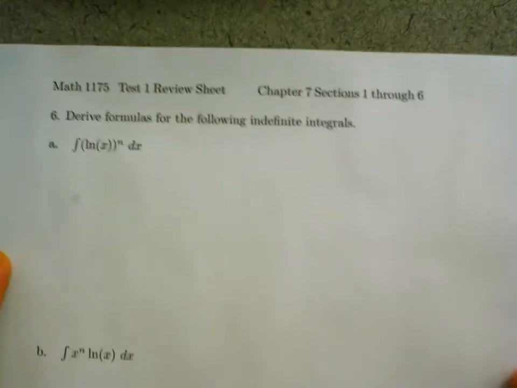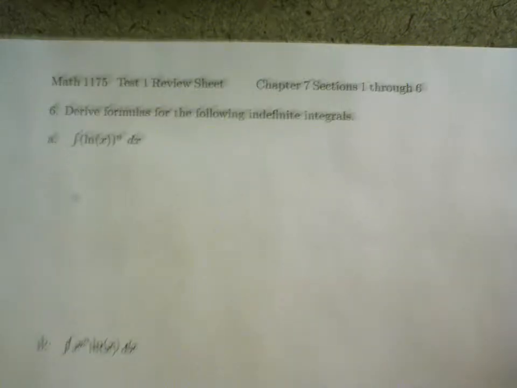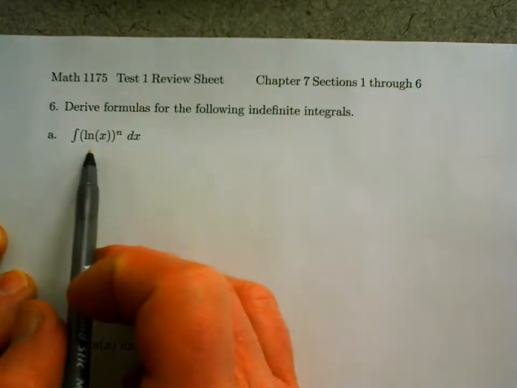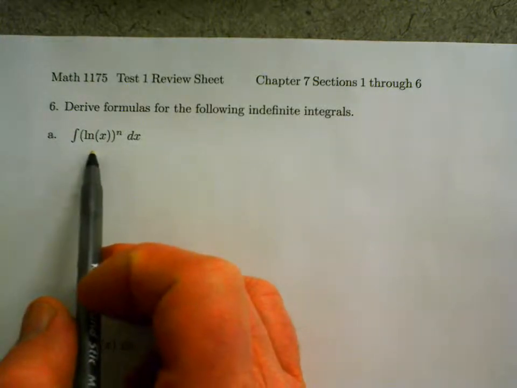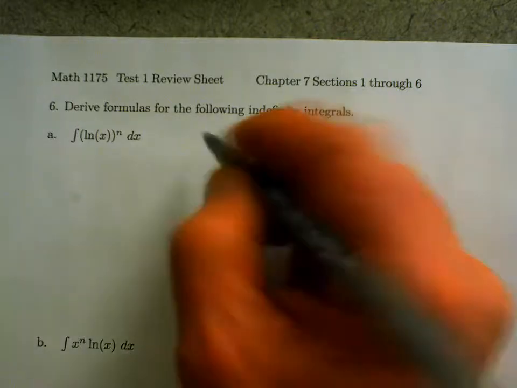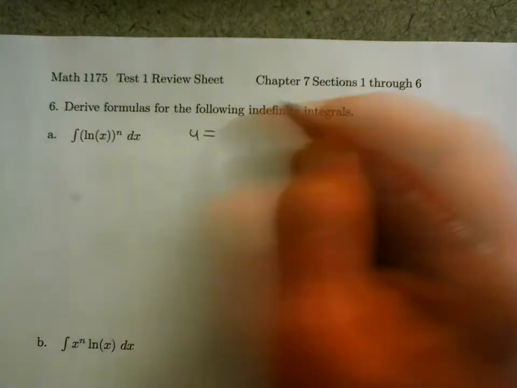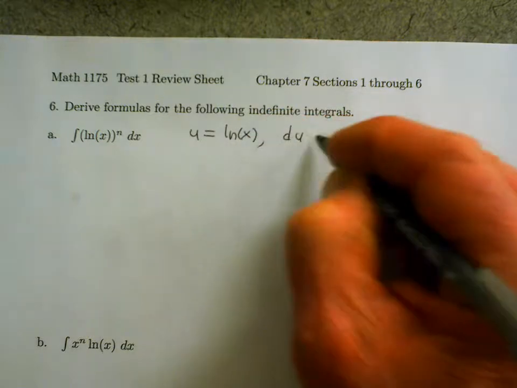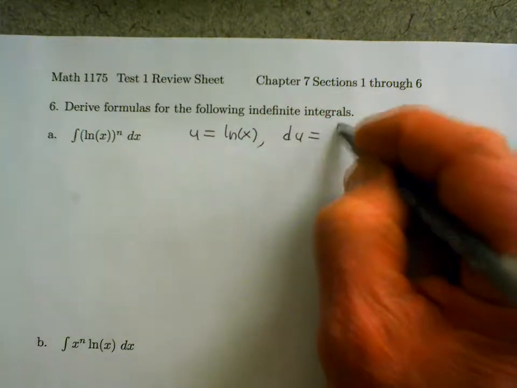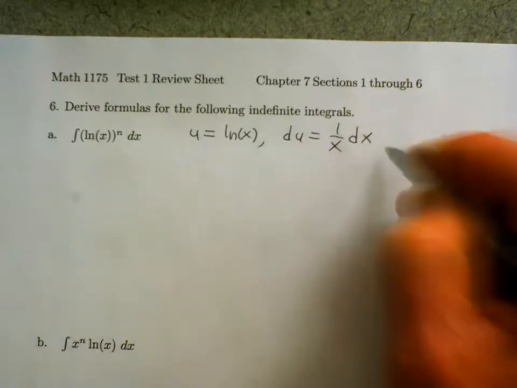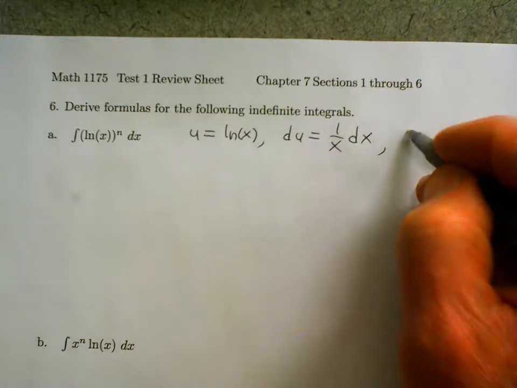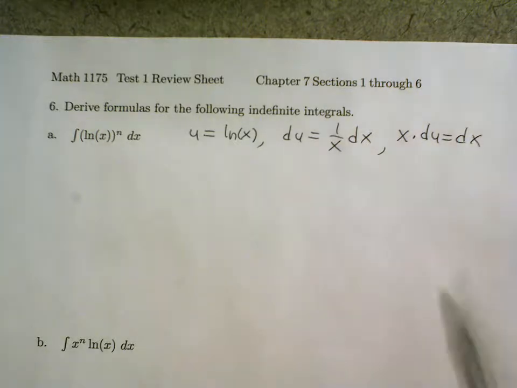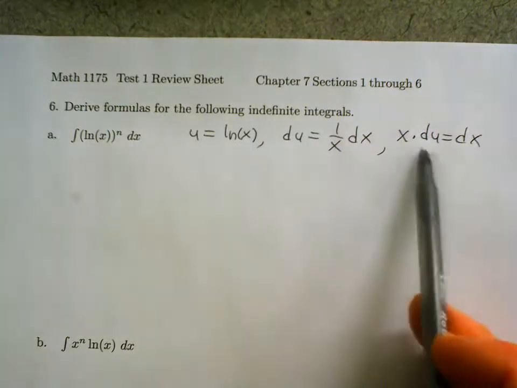So deriving formulas for these aren't too bad, really. The indefinite integral of the natural log of x to the n, if we assign u to be the natural log of x, du is 1 over x dx. And so x times du equals dx. And we saw this earlier today.